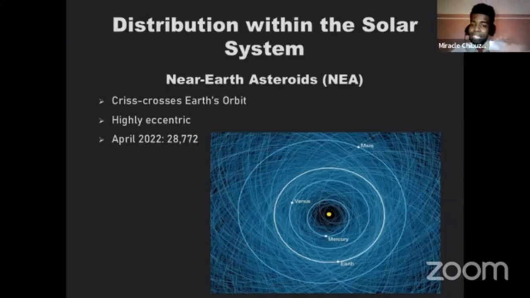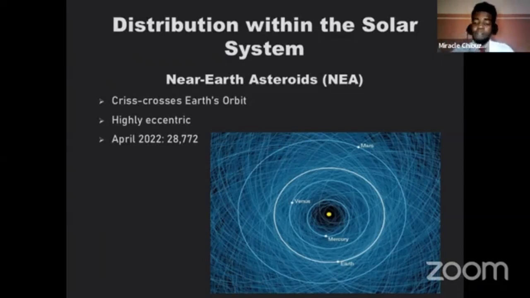So they might leave their stable orbit. Once that changes, the eccentricity of their orbit might increase and become more elliptical. In that case, they might start to crisscross the orbit of other planets. They could crisscross the orbit of Jupiter, Mars, Earth, Venus.